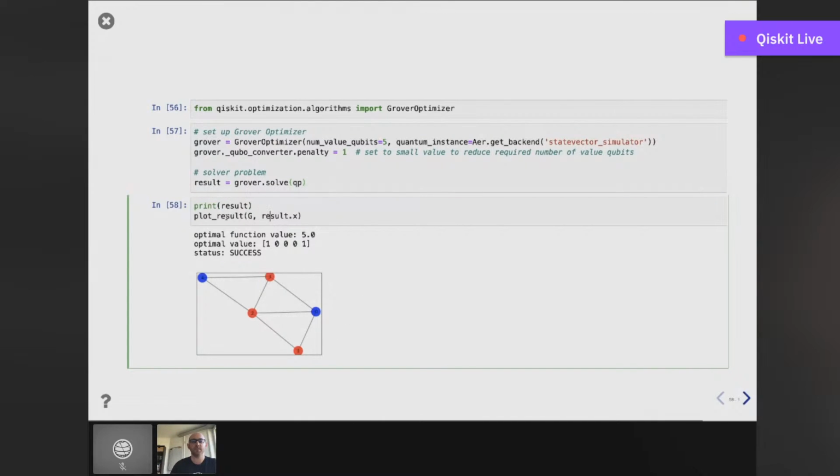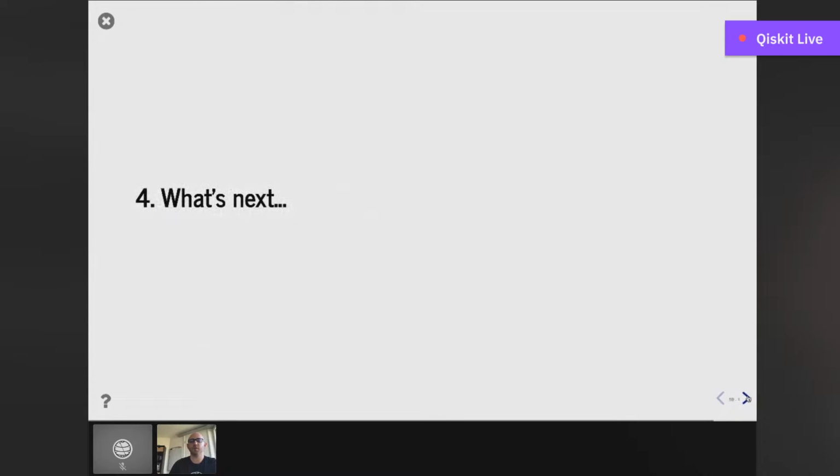You see here, this leads to an optimal solution. We get the value of 5, and I think we have seen this before, the 10001, and the solution is illustrated here.